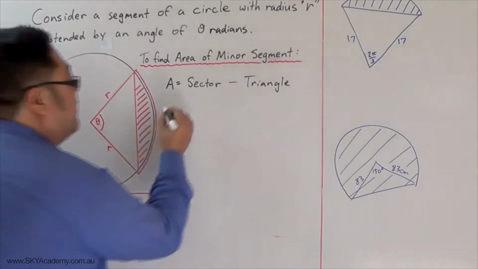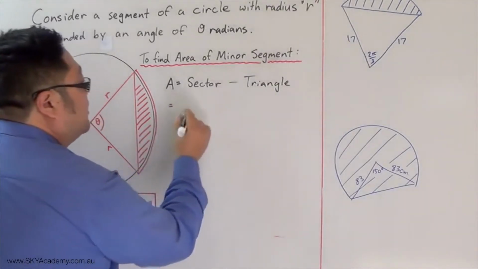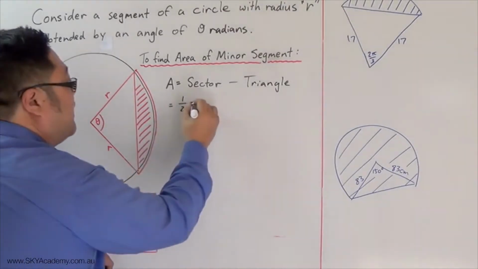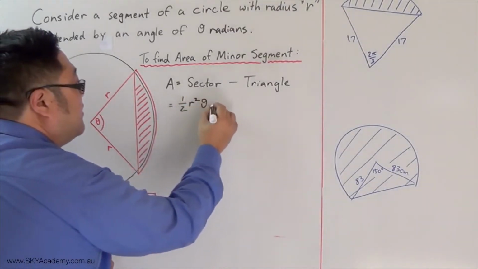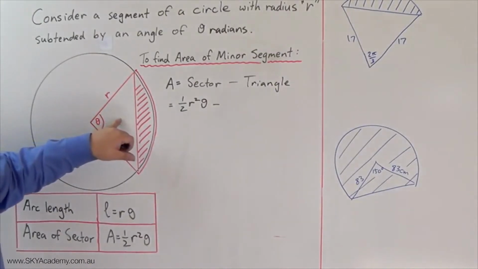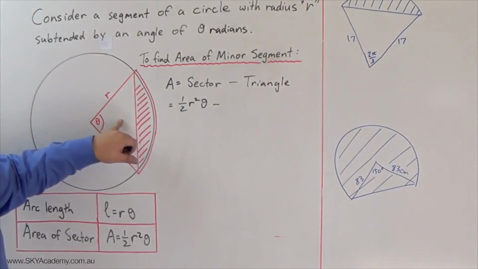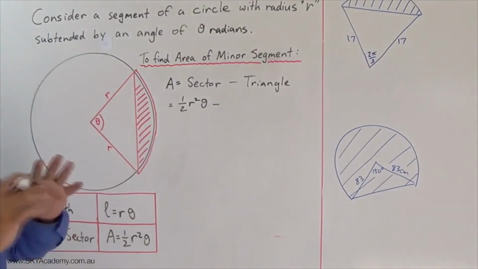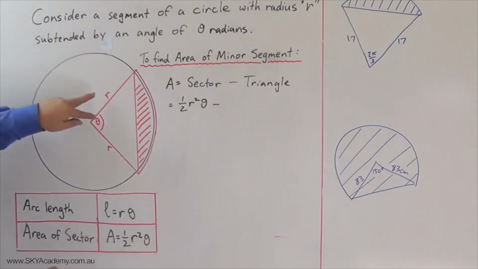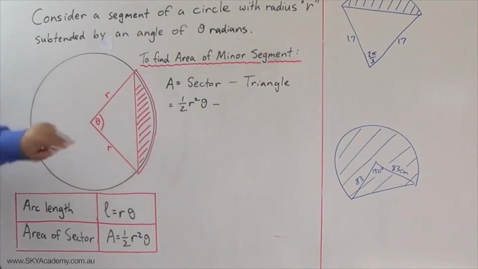Now, I want you to know that the area of the sector is half r squared theta. And the area of a triangle, the way we find it is half base times height, or the other way that you can find it is half the product of the two sides times the sine of the included angle. Do you remember that?